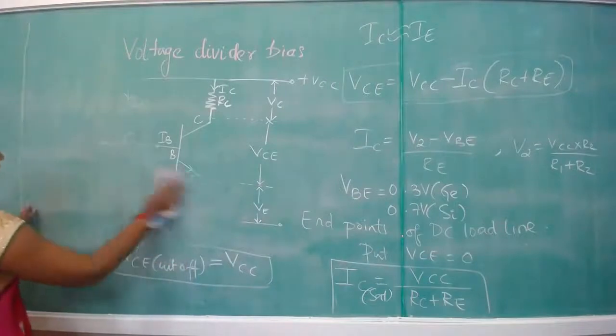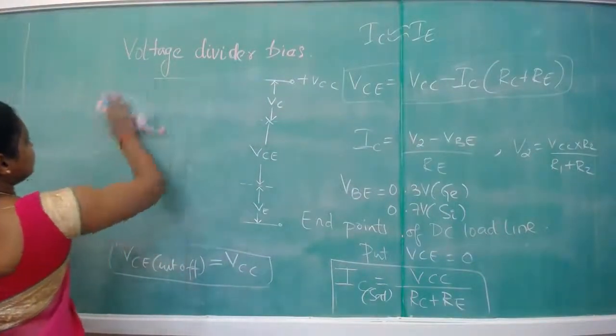I will draw the DC load line for a voltage divider bias circuit.